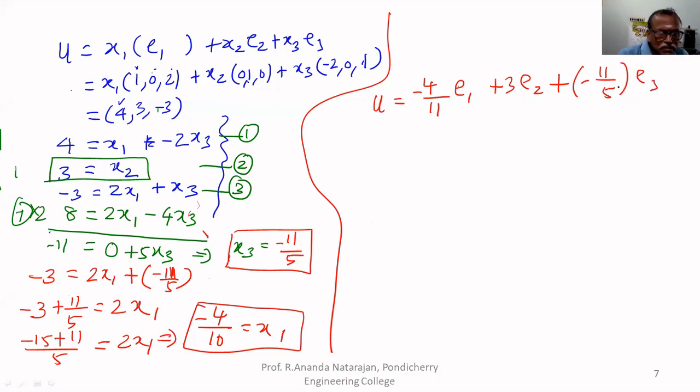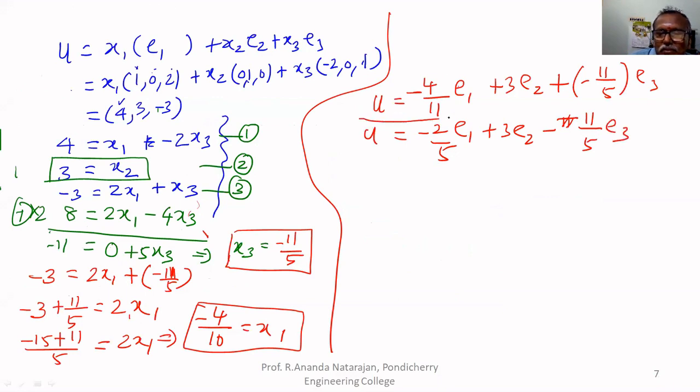Sir, it's minus 2 by 5, sir. 4 by 10, sir. Oh, okay. Very good. So minus 2 by 5 E1 plus 3 E2 minus 11 by 5 E3.